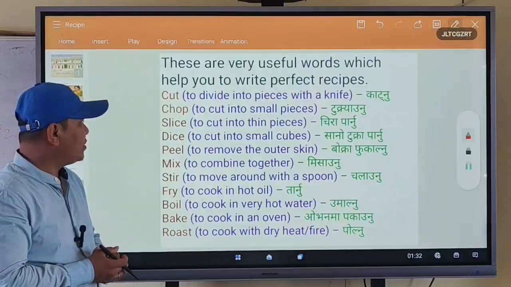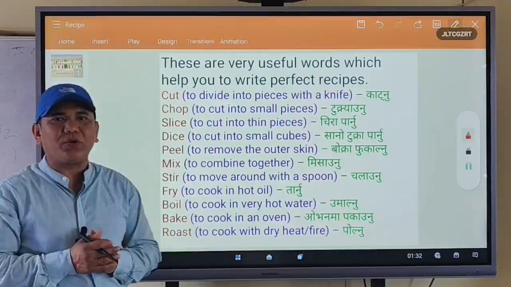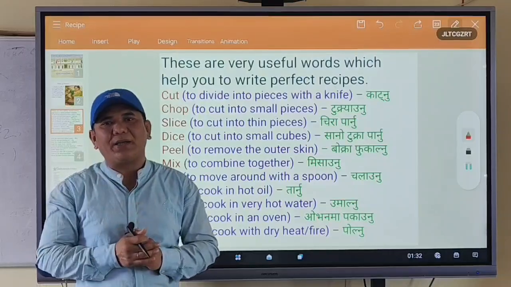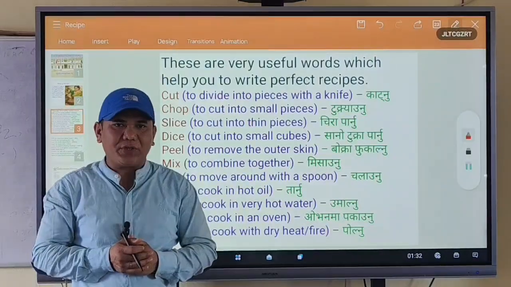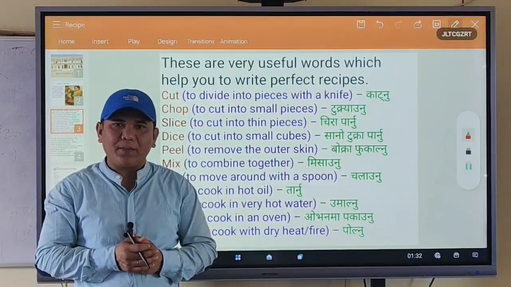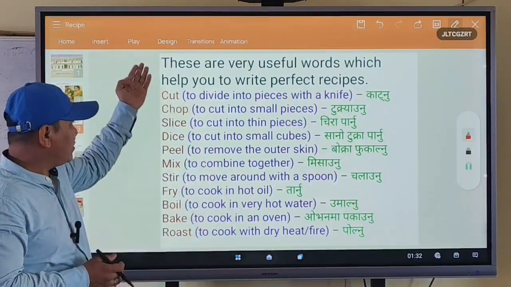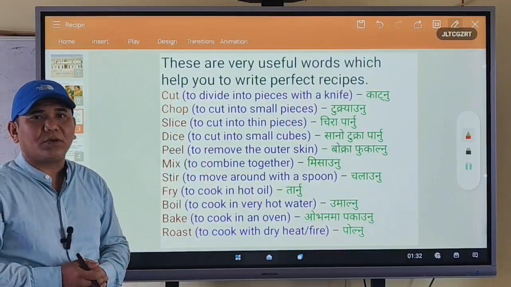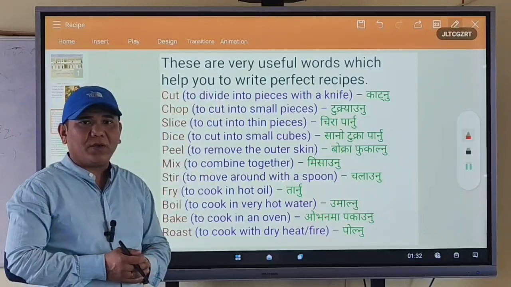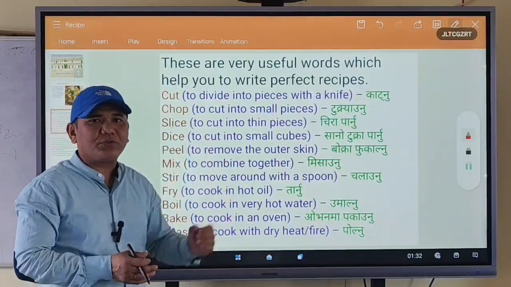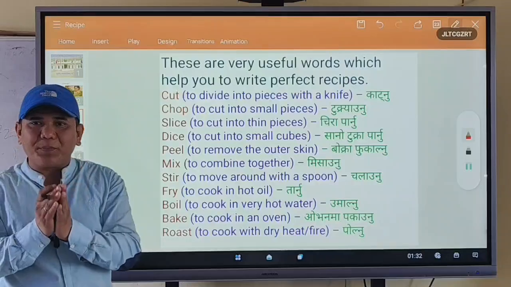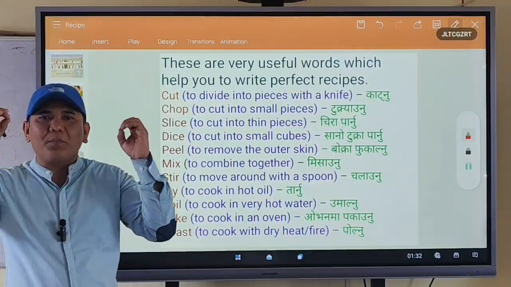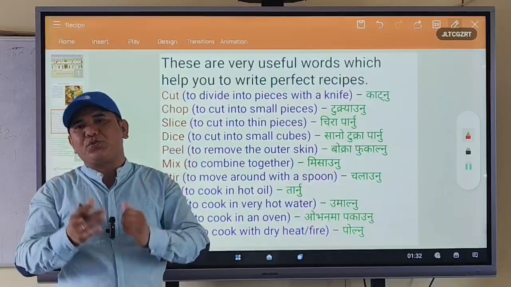Not only this, but also you have to keep some phrases in your mind related to the recipe. These are very important words related to the recipe, which help the student to write a recipe in a clear, proper and organized way.